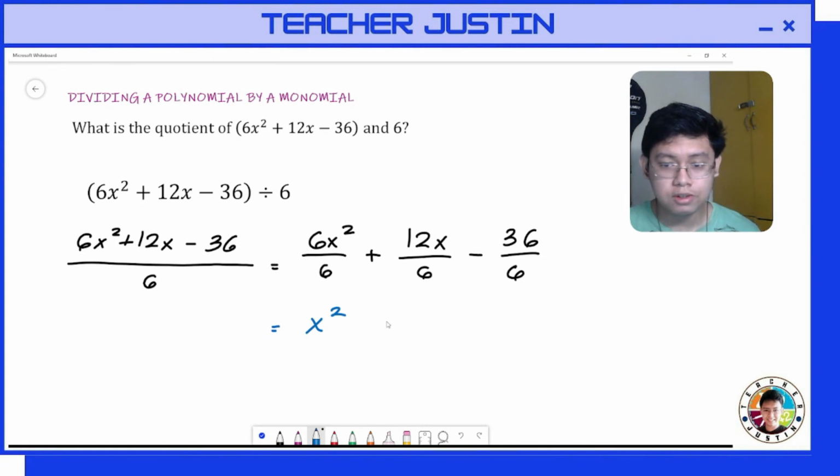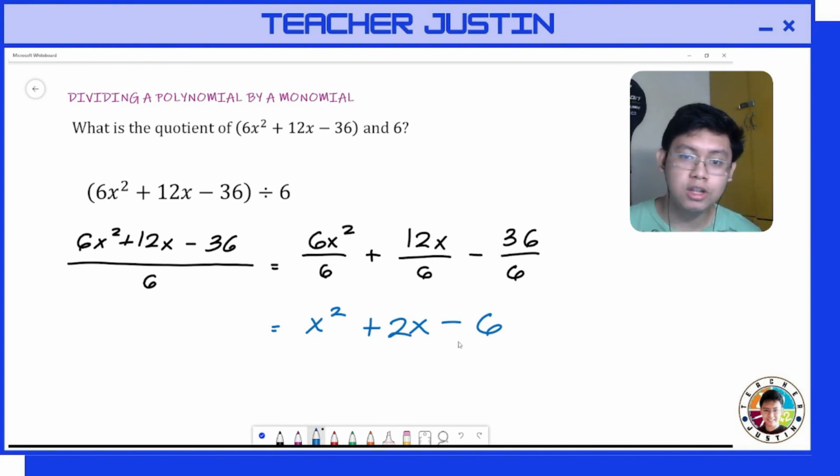So 12 divided by 6 will be positive 2. So plus 2, and then just copy the variable x. And for the last term, negative 36 divided by 6, that will give us negative 6. So the quotient of our polynomial and monomial will be x squared plus 2x minus 6.